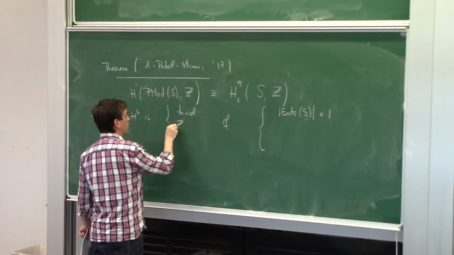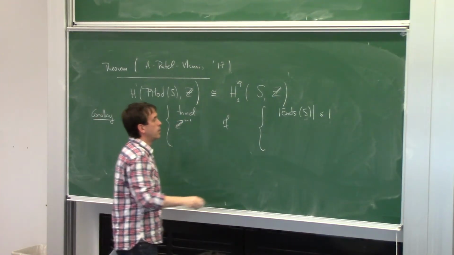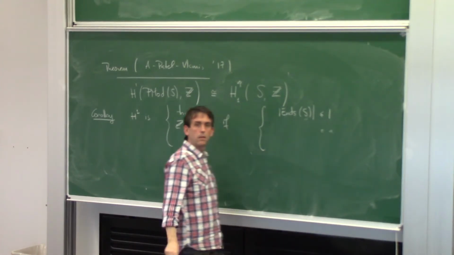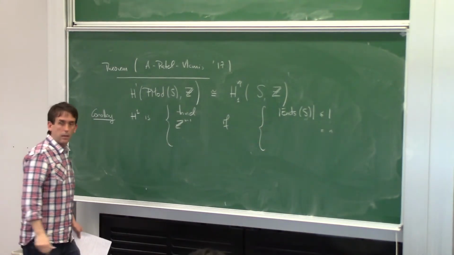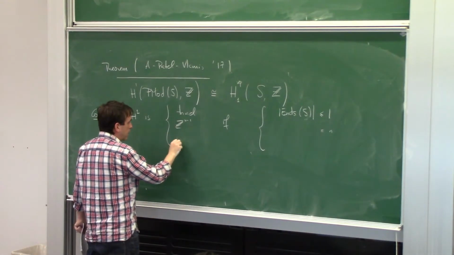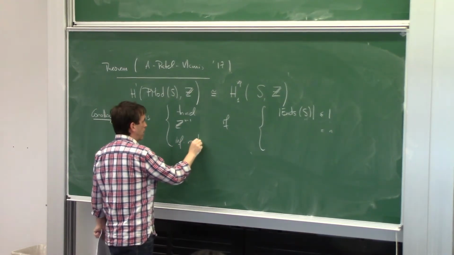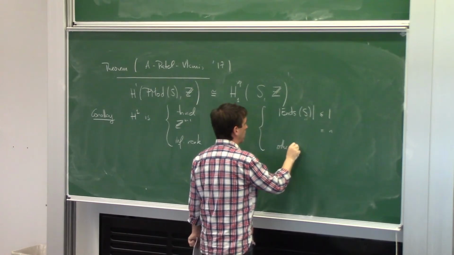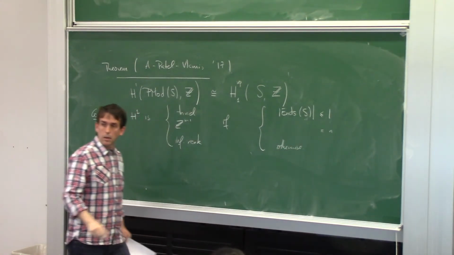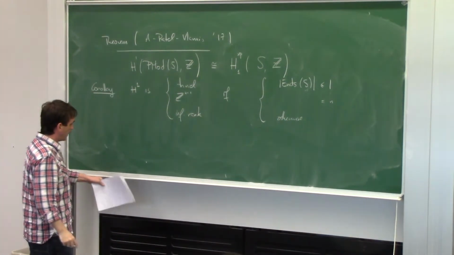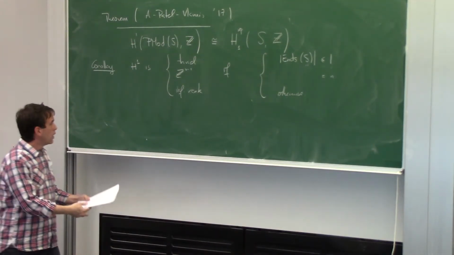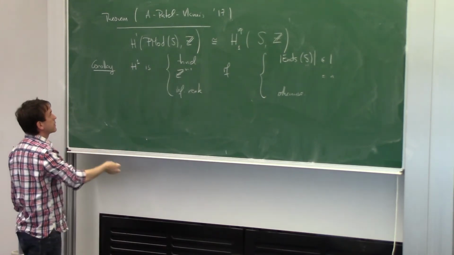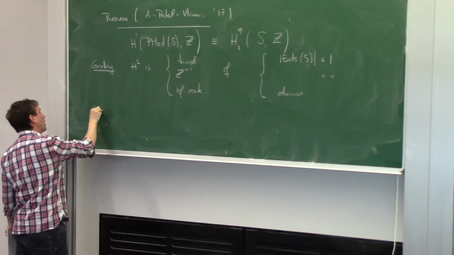It's Z to the n minus 1 if this is n, and it has infinite rank otherwise. Okay, so this is just spelling that out.